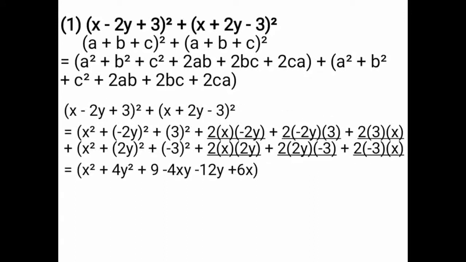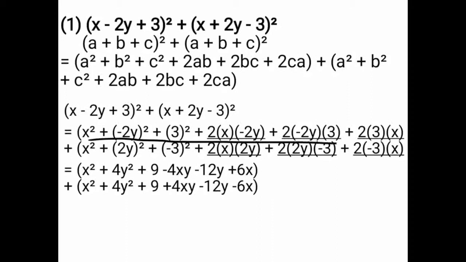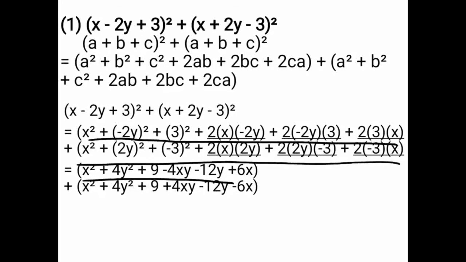That is equal to x square plus 4y square plus 9 minus 4xy minus 12y plus 6x plus x square plus 4y square plus 9 plus 4xy minus 12y minus 6x. I have multiplied all these terms of both the brackets of the expansion form. In the first bracket I have solved over here, and in the second bracket I solved over here.